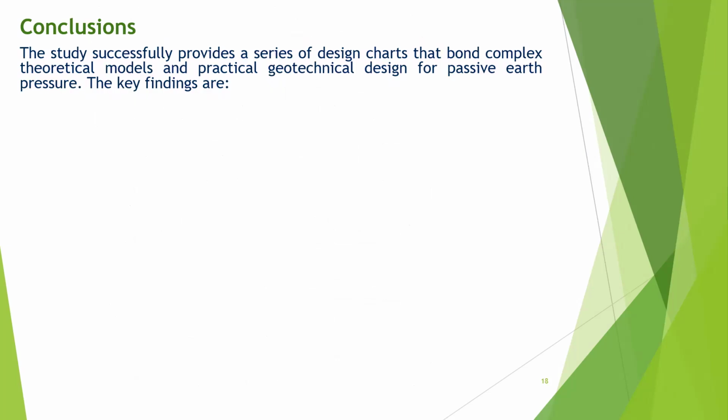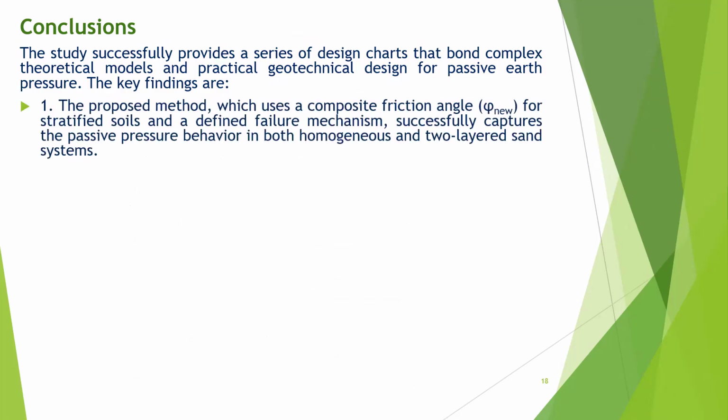Conclusions. The study successfully provides a series of design charts that bridge complex theoretical models and practical geotechnical design for passive earth pressure. The key findings are: first, the proposed method, which uses a composite friction angle phi nu for stratified soil and a defined failure mechanism, successfully captures the passive pressure behavior behind retaining structures in both homogeneous and two-layered sand systems.